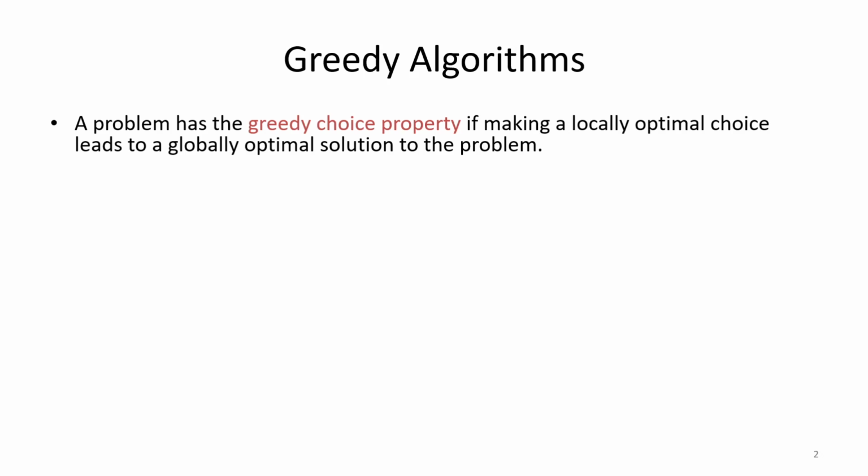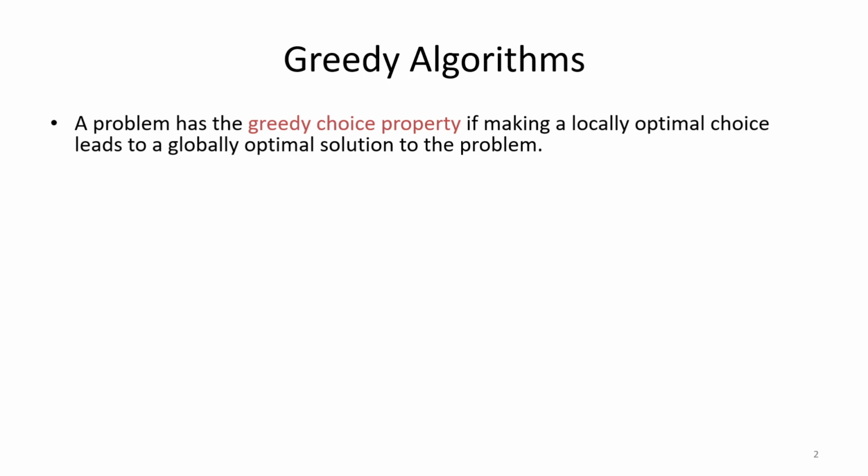So usually these are applied in optimization problems. In a few of our previous videos, we've looked at optimization problems in the context of dynamic programming. And at least very shortly, we took little stops there along the way to consider, could we apply a greedy algorithm to this problem?